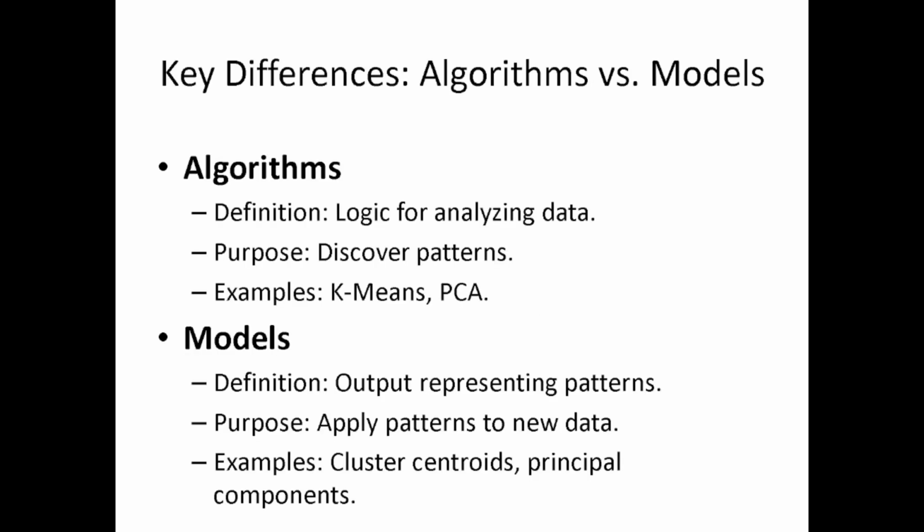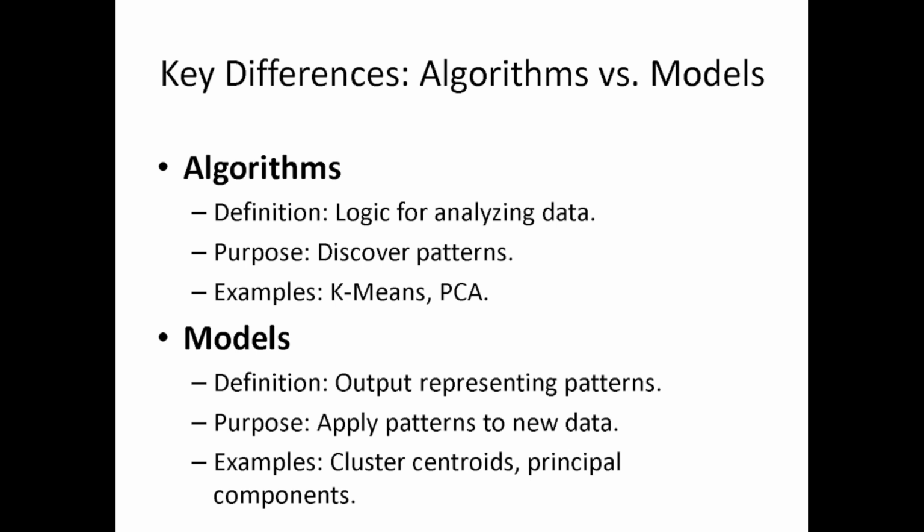Key differences between algorithms versus models. Algorithms and models serve different purposes in machine learning. Algorithms are processes for analyzing data, while models are the outcomes representing the patterns found. For instance, a clustering algorithm like k-means produces a model with clustered centroids.